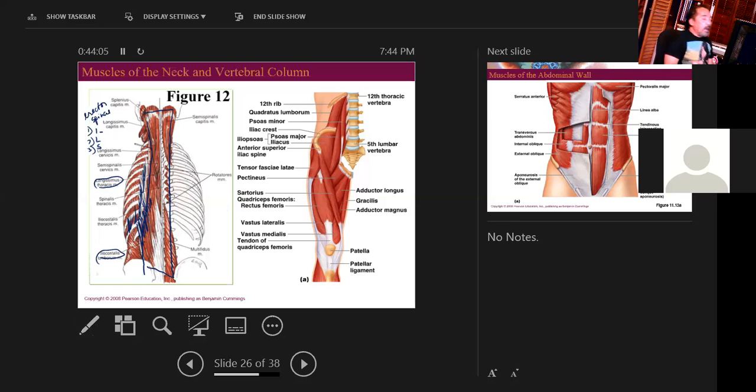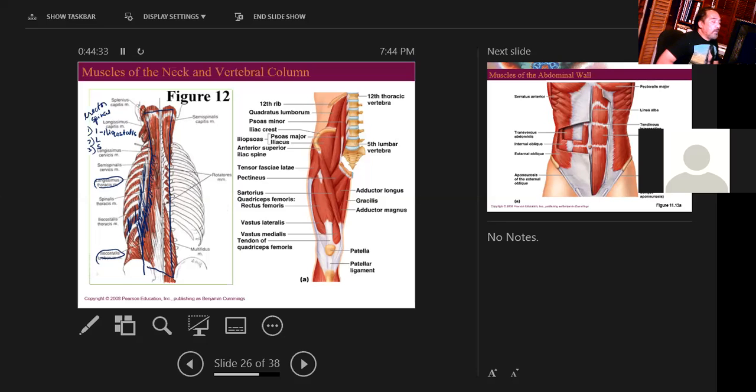Okay, then the muscle is the one that you use for straightening your back. So it's made out of your iliocostalis. Remember, it means iliac bone and your ribs. Costo means ribs.